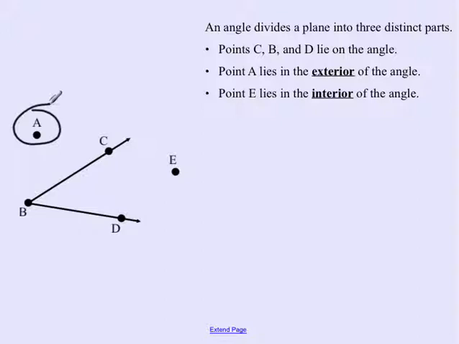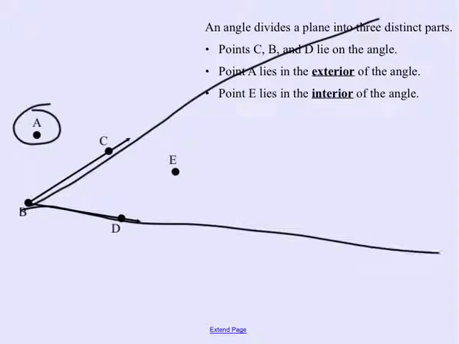No matter how far you stretch angle CBD, it's never going to reach point A, so we say point A is on the exterior. Then point E is on the interior, inside the mouth of that angle, so that makes it interior.